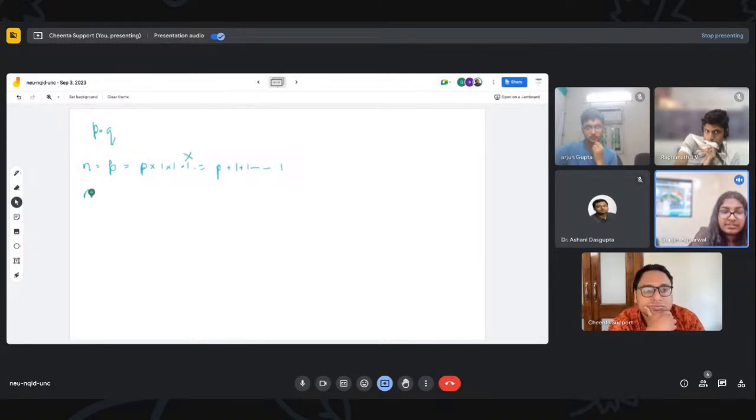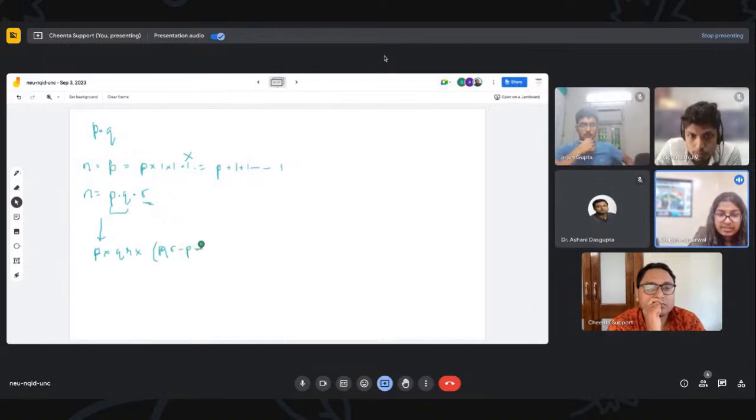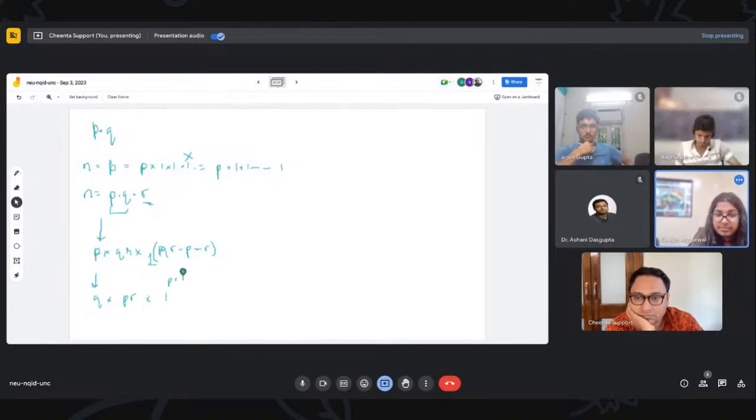And if n is maybe p times q times a number r, not necessarily a prime, then we can write it as p times qr times 1, pqr minus p minus qr ones. And also q times pr times 1, pqr minus pr ones. This definitely equals p plus qr plus pqr minus p minus qr.